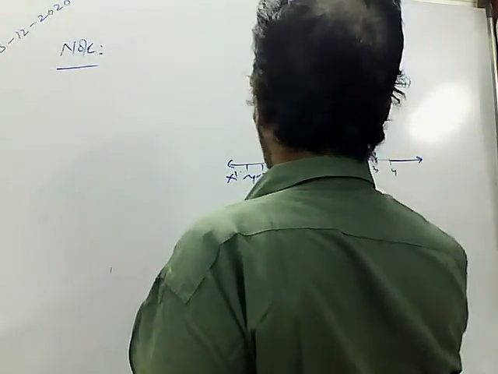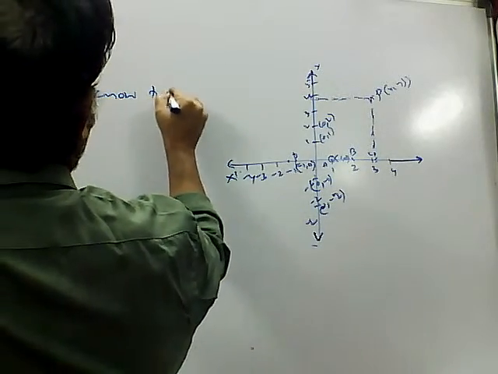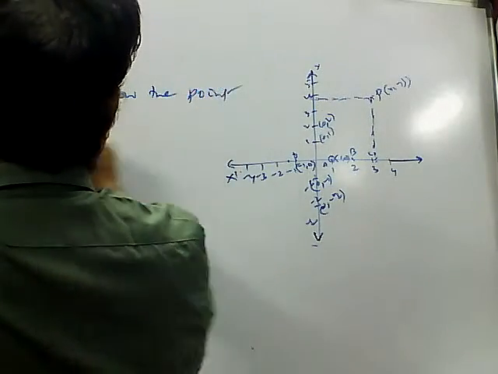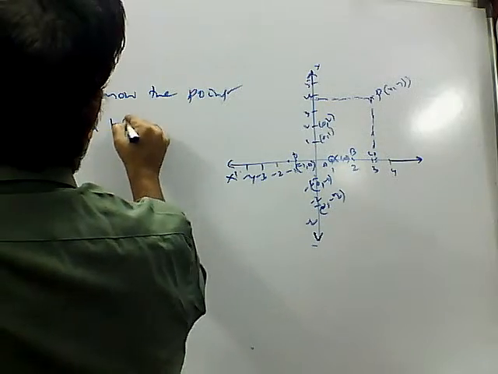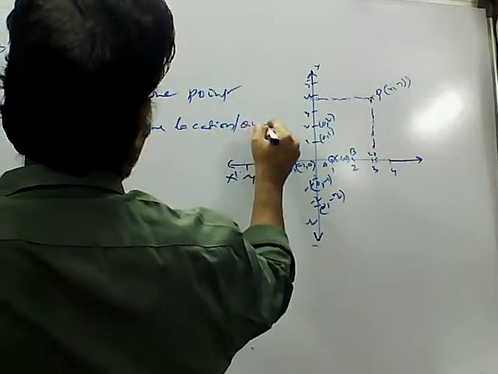So if we know the point, we can tell the location or quadrant.